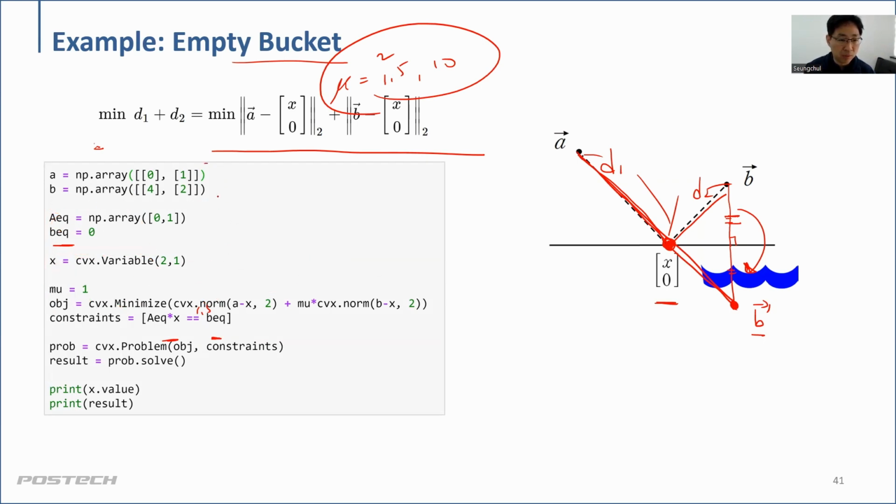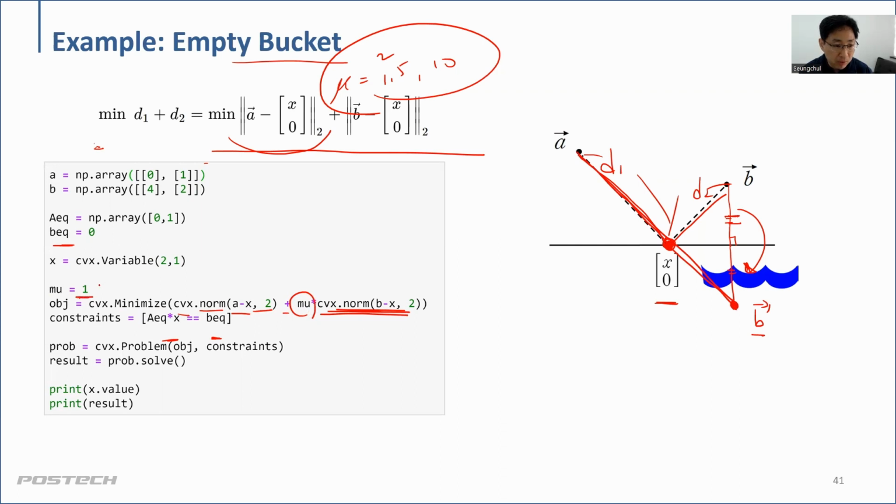Again, I'm going to skip all the details. You guys can figure it out. This one is the same as A minus X. The cvx norm asks to compute the 2-norm, not the 1-norm. Plus we have to compute another norm, and here we have mu.